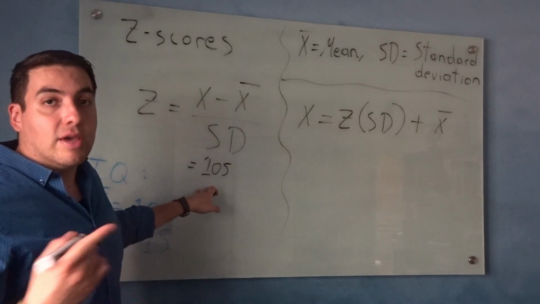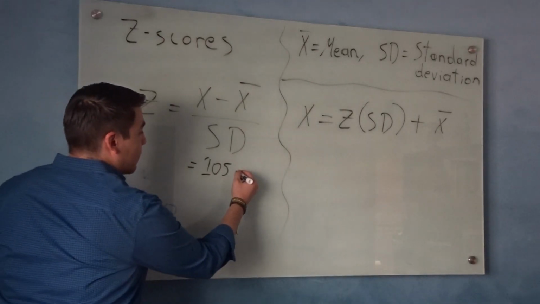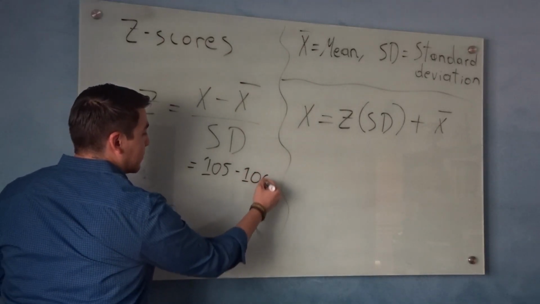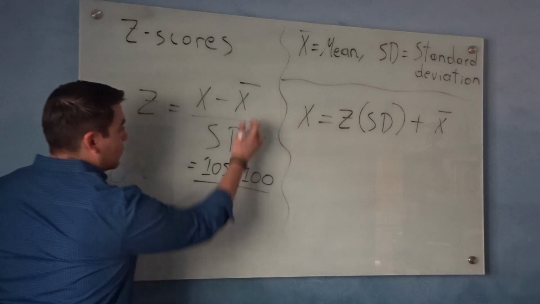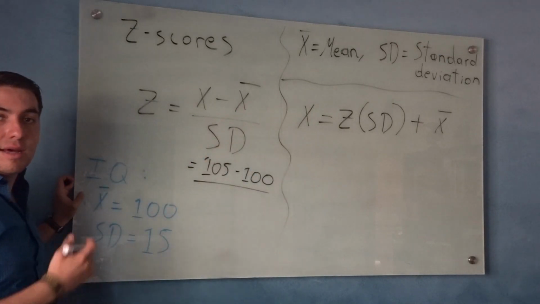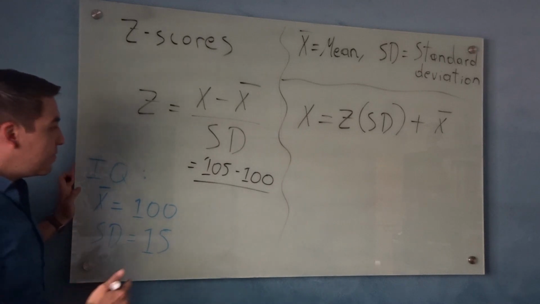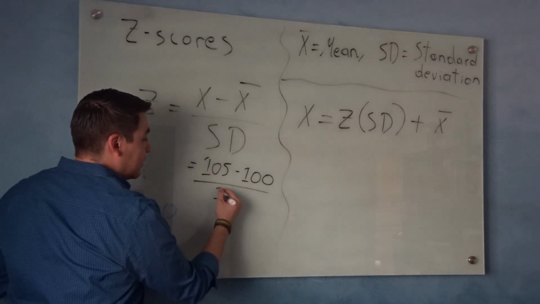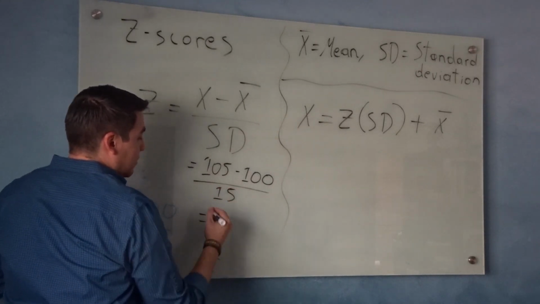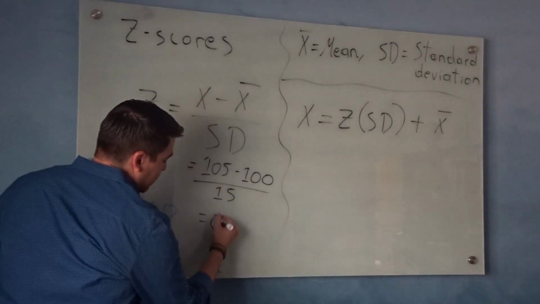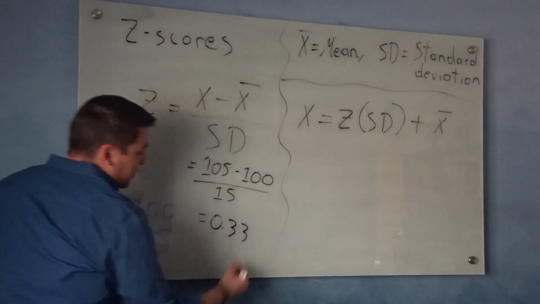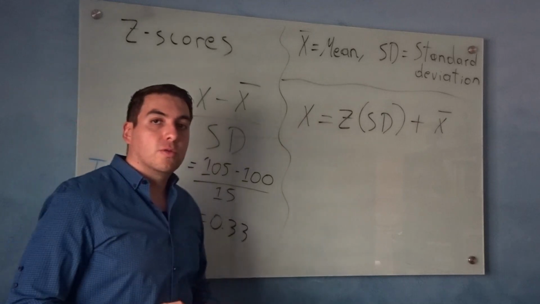The 105 that you got is going to have the mean from the sample, 100, subtracted from it, and you're going to divide it by the standard deviation. That's going to give you a z-score of 0.33.